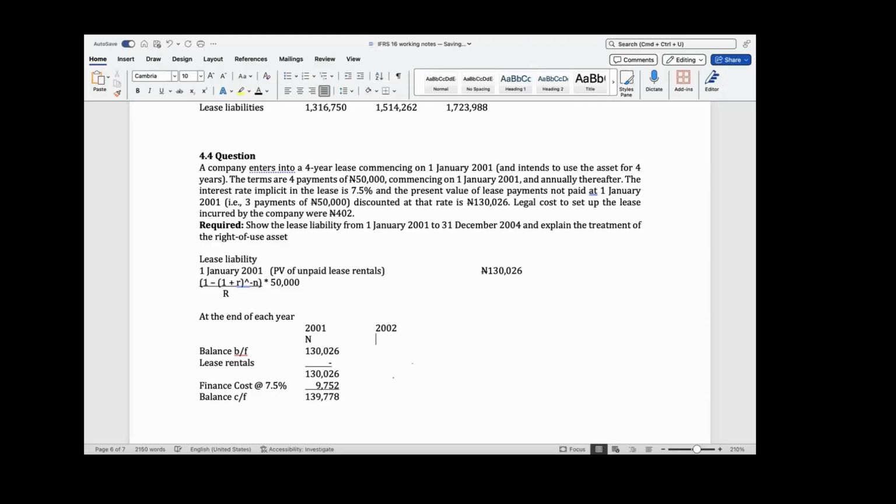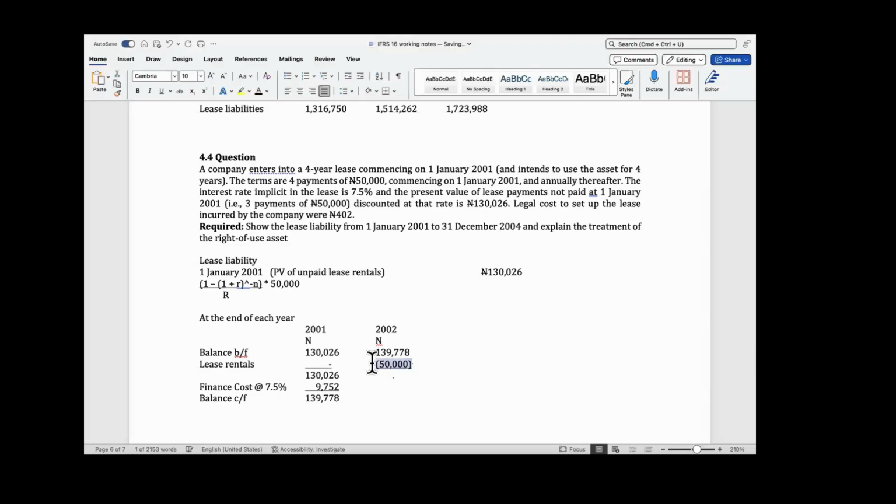So in 2002, we'll have 139,778. And how much is the lease rentals? 50,000. What's the balance? 89,778.